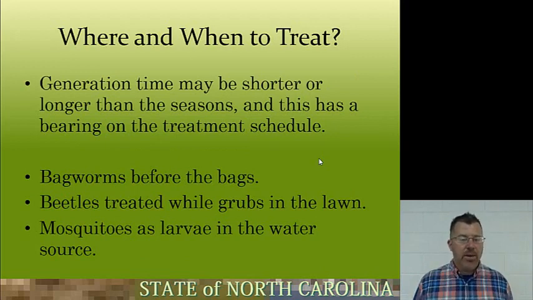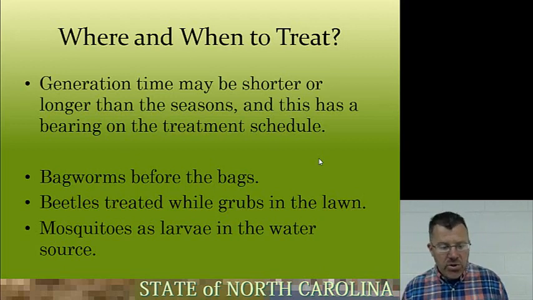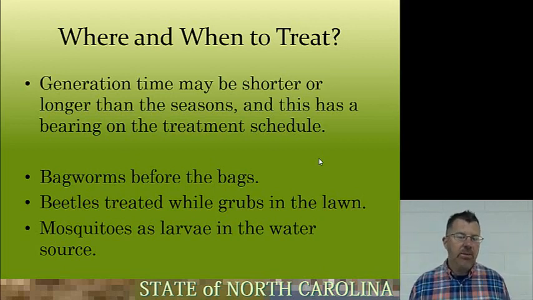Guys, to get rid of bagworms, you want to get rid of them before you see the bags. Beetles, the easiest way to treat for beetles is to get rid of the grubs while they're in the lawn. You don't want to have to deal with them after they've already matured into a beetle. Getting them at the grub stage is the easiest way.